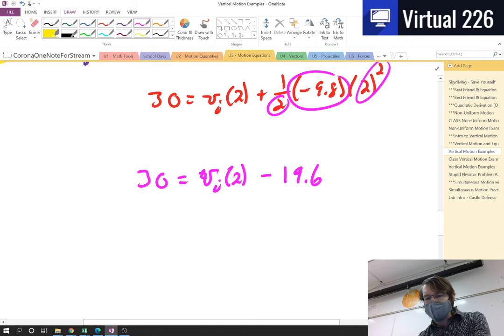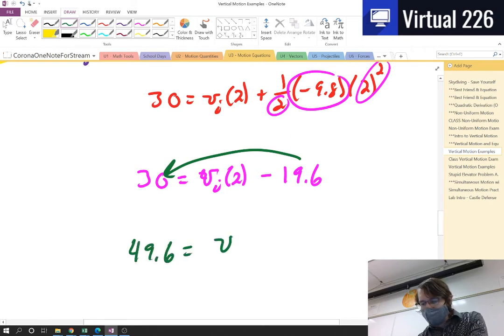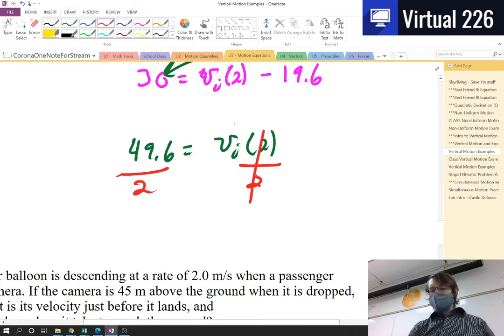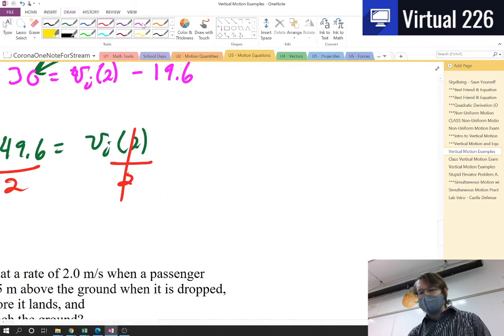And now this isn't so bad to solve. We can just add the 19.6 to the other side to get 49.6 equals VI multiplied by 2. And then we simply need to divide each side by 2 in order to find VI.